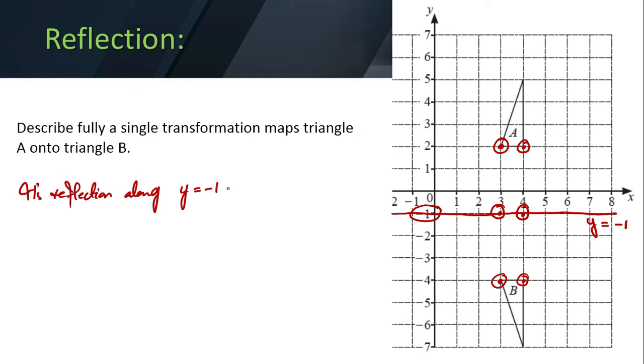For the x-axis and y-axis case, either you write x-axis or y-axis, or you write the equation. The equation of the x-axis is y is equal to 0 and the equation of the y-axis is x is equal to 0. So it's up to you. Either write reflection along the x-axis or reflection along y is equal to 0. Both are correct. I hope the reflection is clear to you.